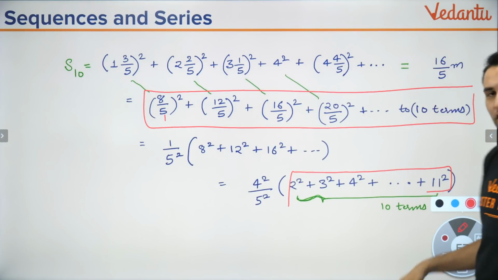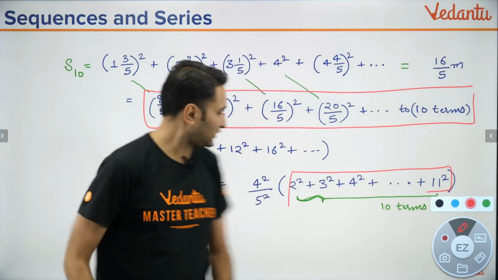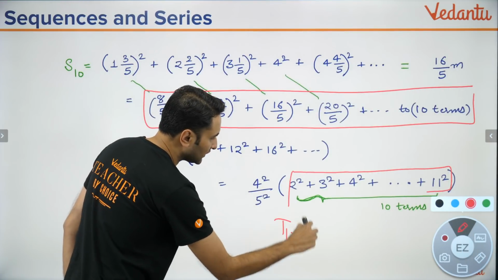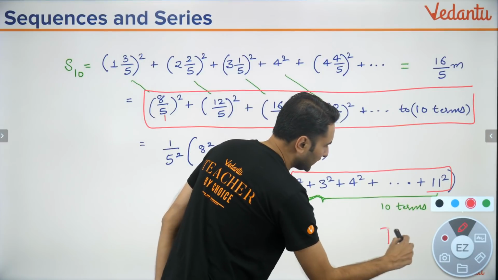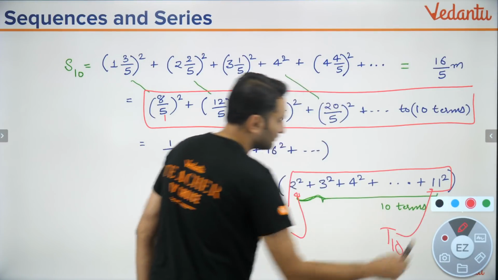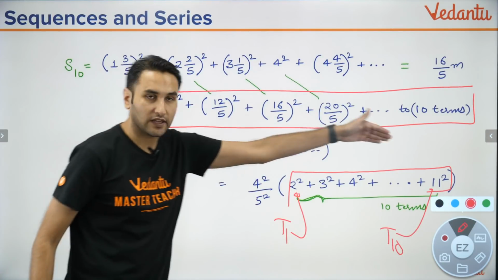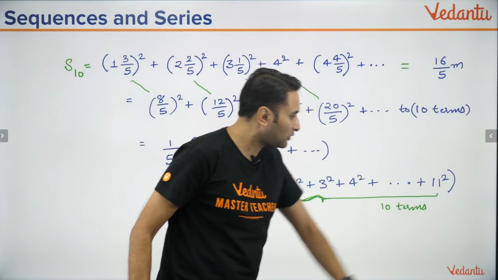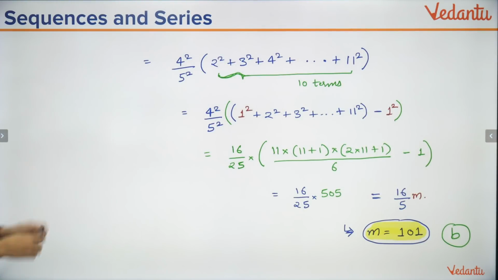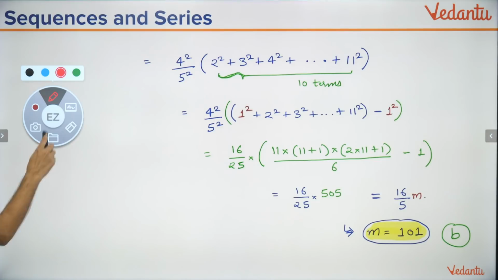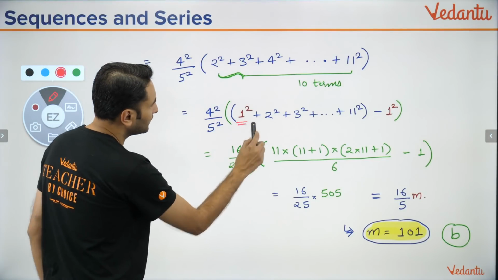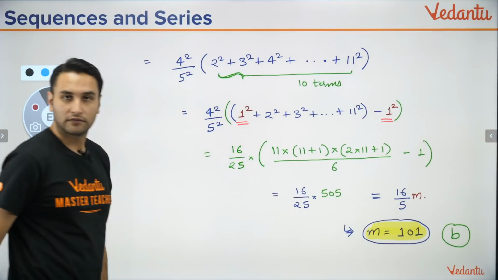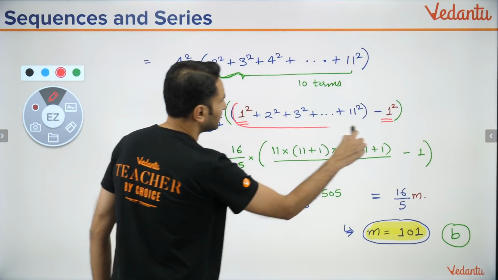Why 11? Because the first term के अंदर आता है 2, तो 10th term के अंदर बच्चों क्या आएगा? 11. Right? So 2 square से लेके 11 square. But I see a formula here. So then I used the formula directly. I added 1 and I subtracted 1. Right?